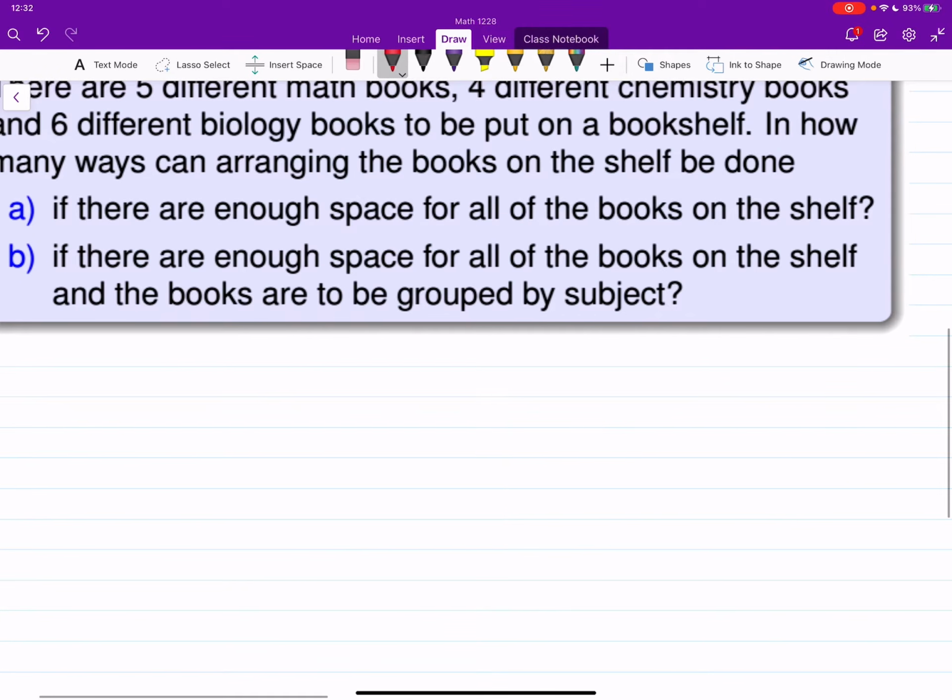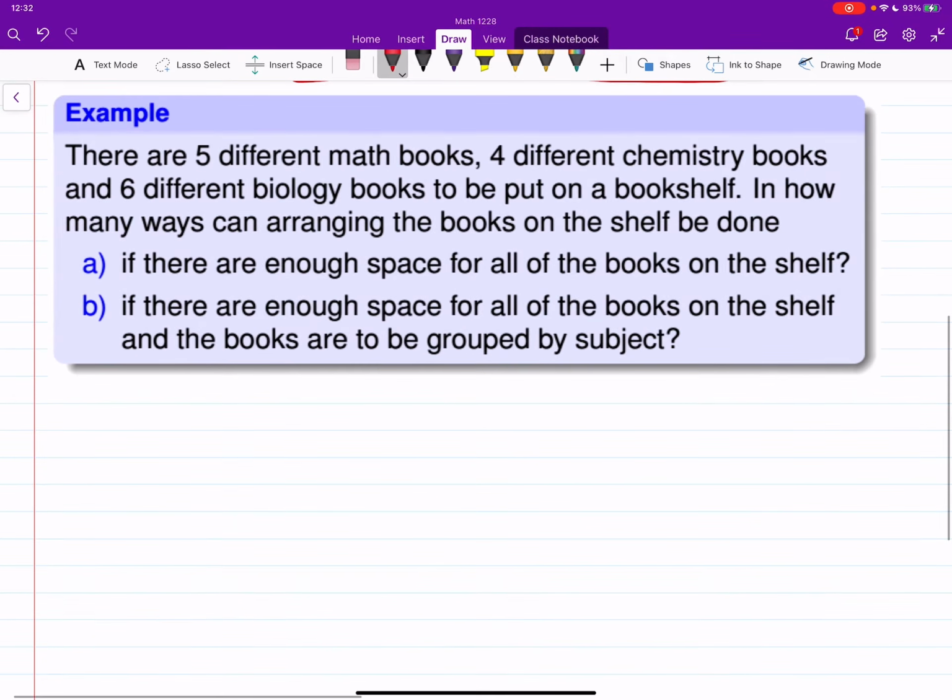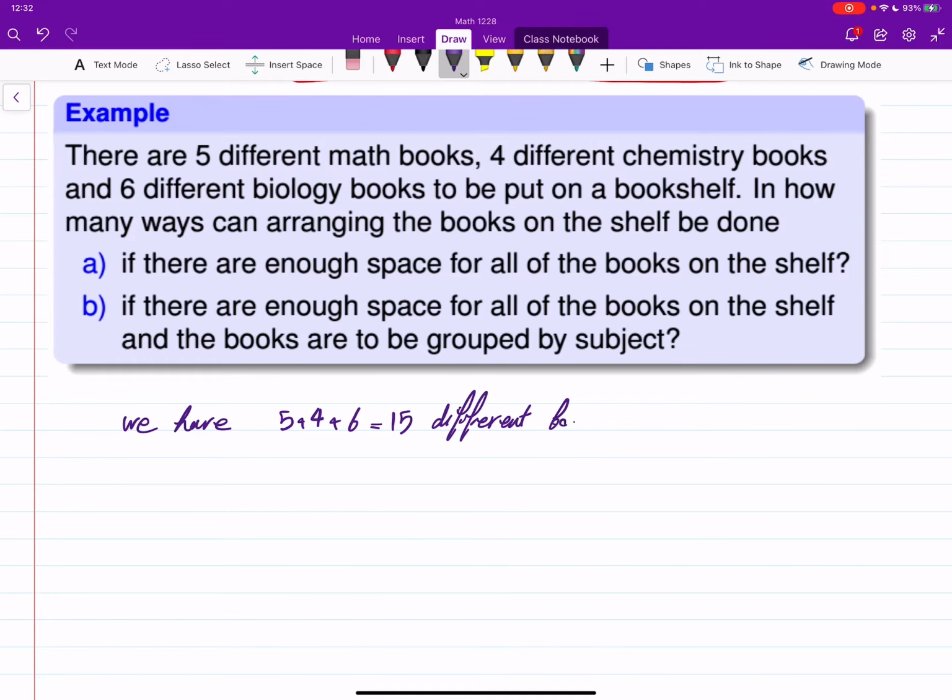So we have 5 plus 4 plus 6, which is 15 different books. And we want to arrange them and count how many arrangements they have in a line.